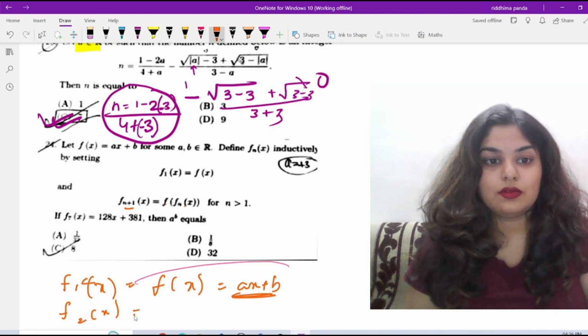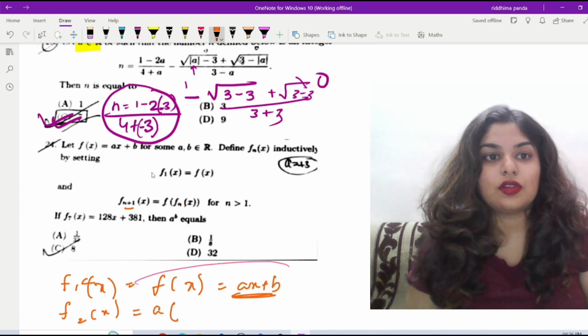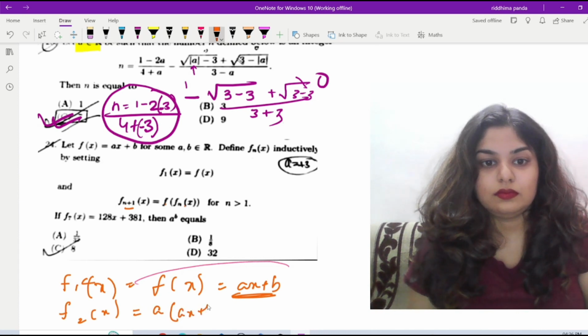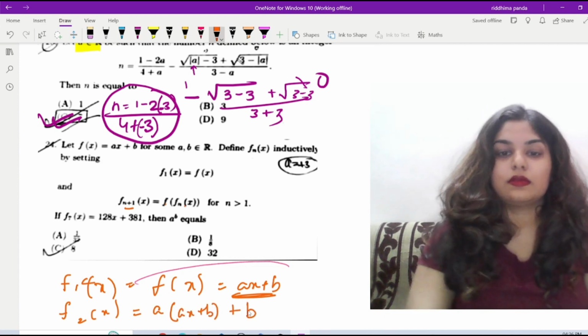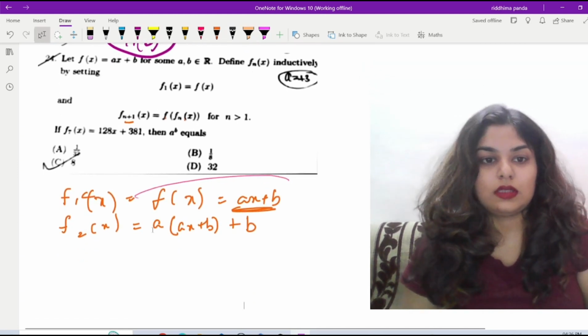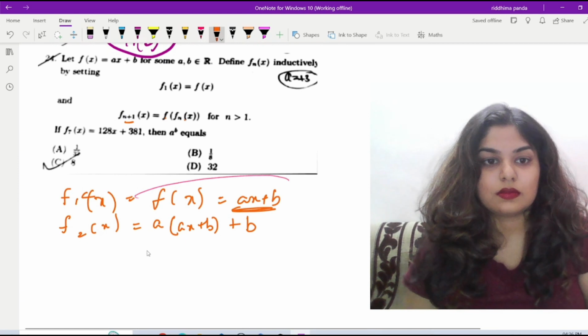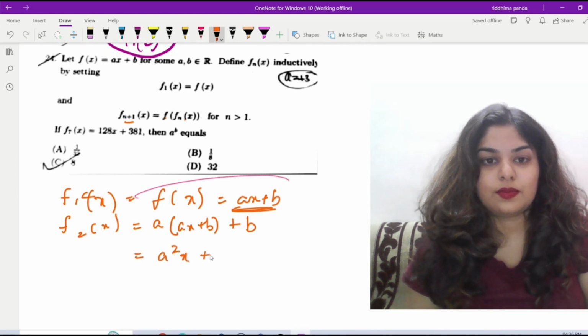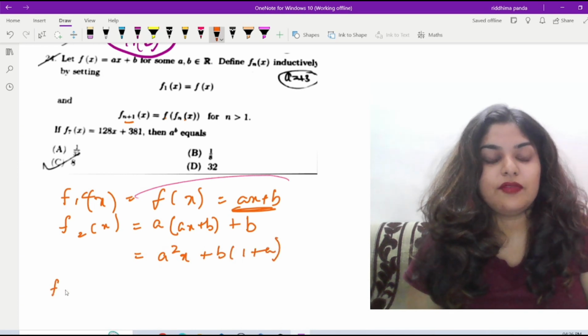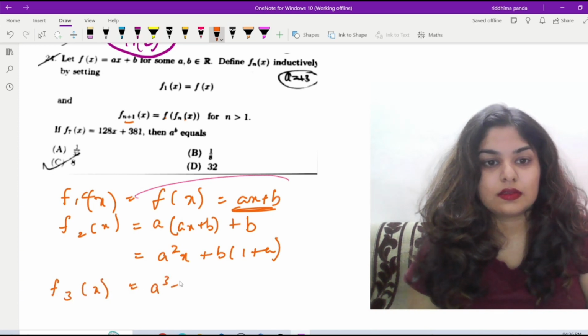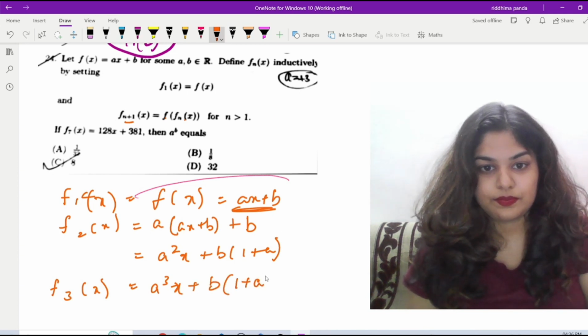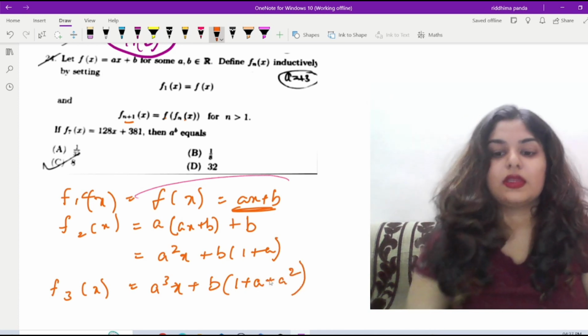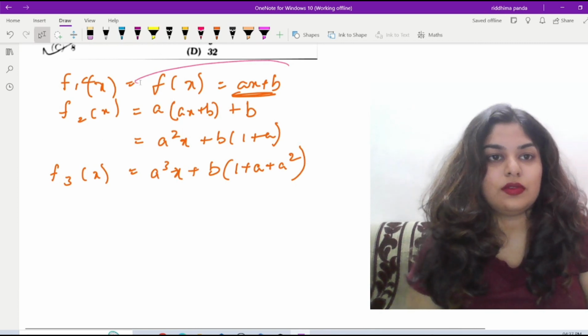That is f_2(x) equals a(ax plus b) plus b, that is a square x plus b into (1 plus a). Similarly f_3(x) will be a cube x plus b into (1 plus a plus a square).